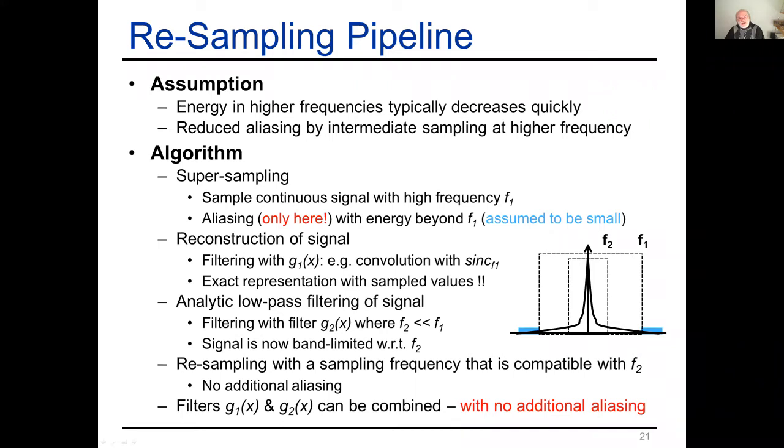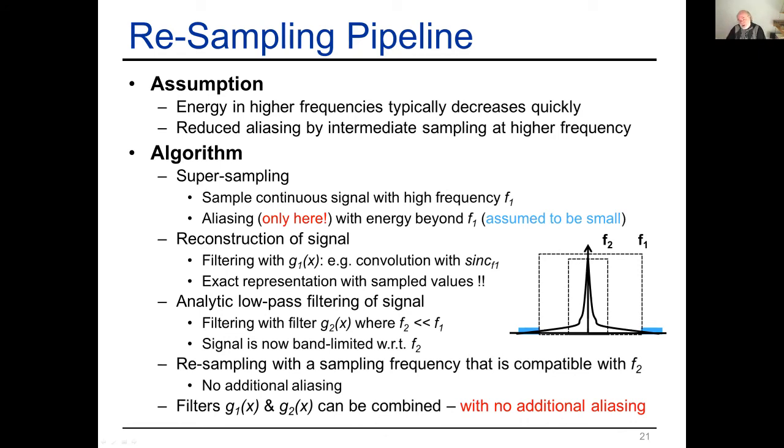So essentially I do the high sampling with frequency f1, and then I filter the result of that high frequency sampling directly with the combined filters G1 and G2, and I end up with a signal that's sampled in f2, with the sampling relative to f2. But I've only gotten the original aliasing error that was caused by sampling with this higher frequency f1, right?